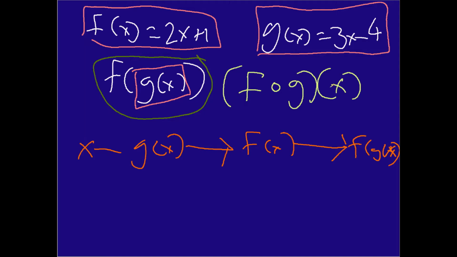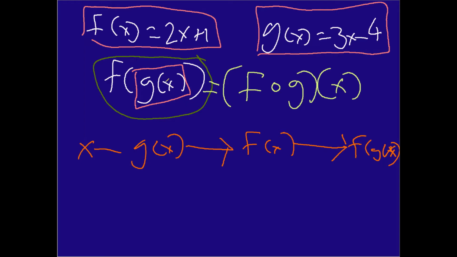So that's literally what it is. F circle g of x. It's the same thing as what we have right here to the left. It means find f of g of x. And so these two ways of writing out the expression are commonly found.